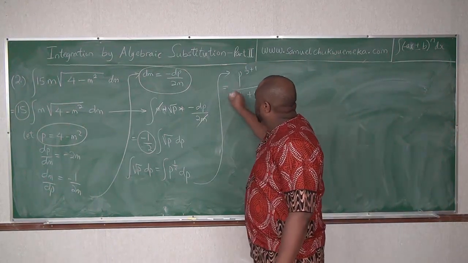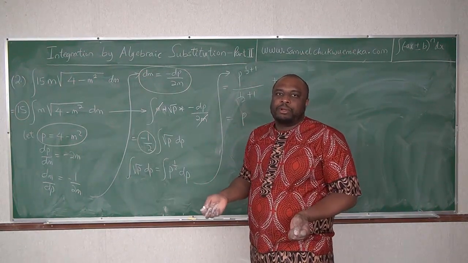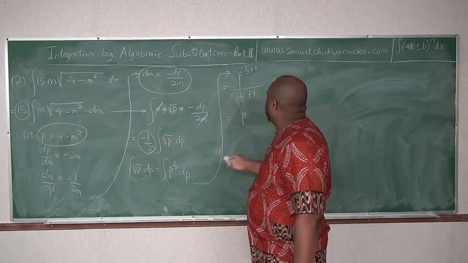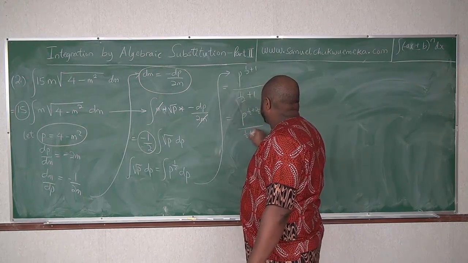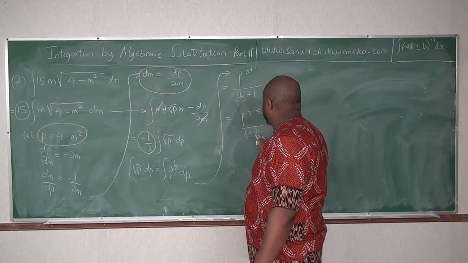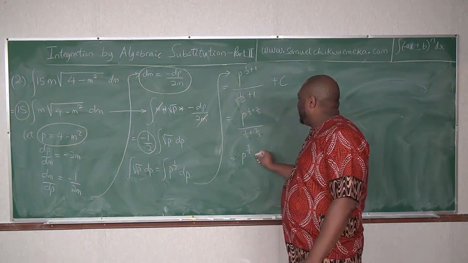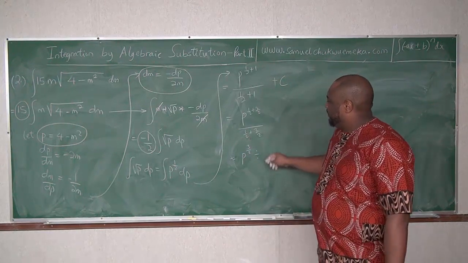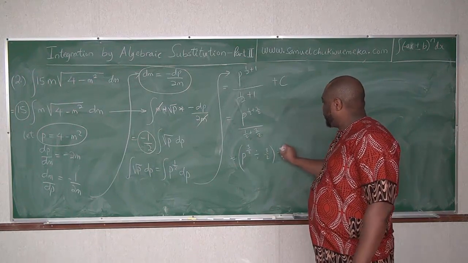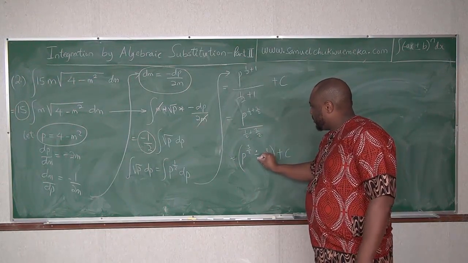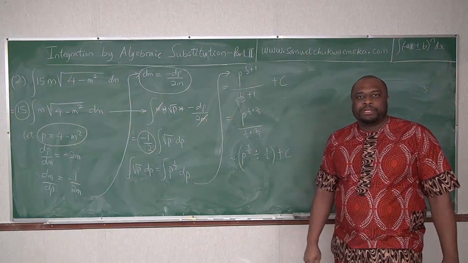So 1/2 plus 1 is 3 over 2, which is 1.5. This is 1 over 2 plus 2 over 2. So this is now P to the 3 over 2 divided by 3 over 2, plus C.